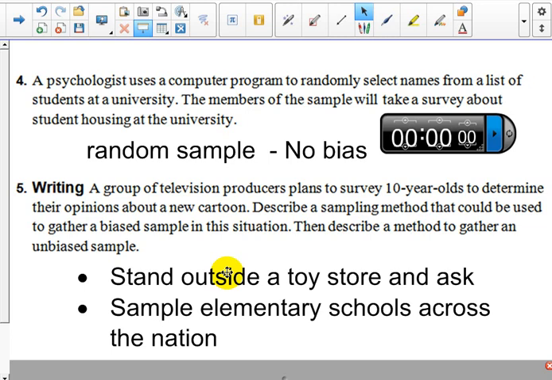Of course they're all going to like toys, right? So that would be biased. It wouldn't include people who aren't out there buying toys that might have an opinion about it. And then one that is unbiased, just sample all the elementary schools across the nation, right? That would be unbiased. In sampling, random sampling is the best type with the least bias.